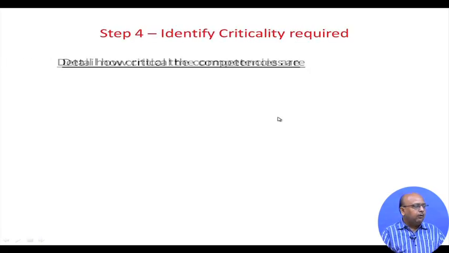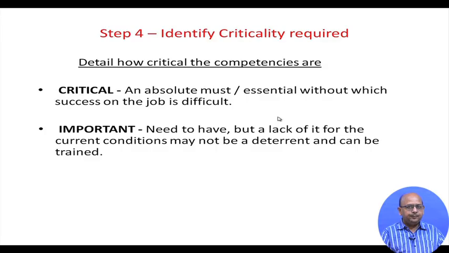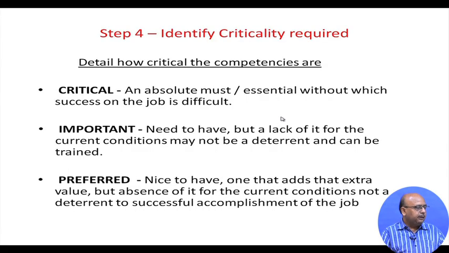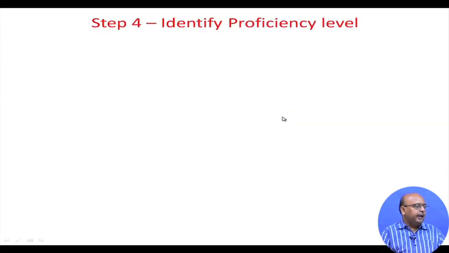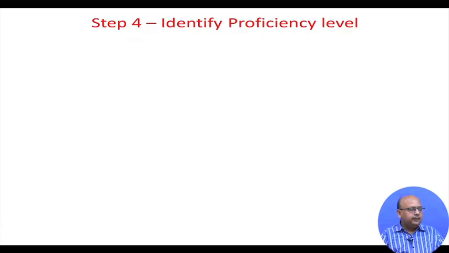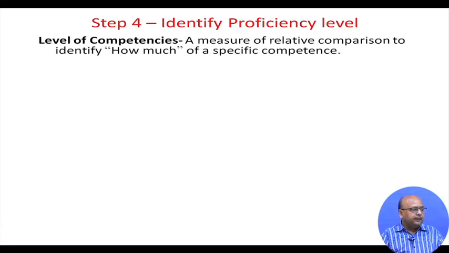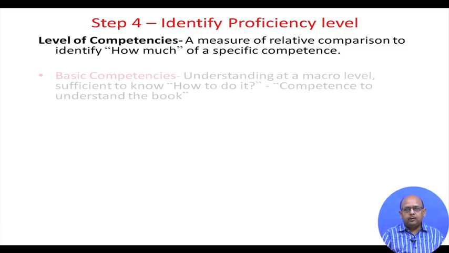So, when you are identifying the proficiency level, you have to see what is the level of proficiency of each of the competencies, not only its criticality, right. So, the level of competence is basically a measure of relative competence, a relative comparison, and that helps you identify the extent to which this competency would be required for superior performance, right, and that is how we go about it.